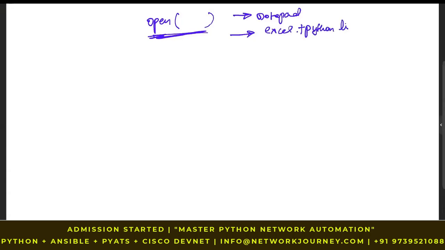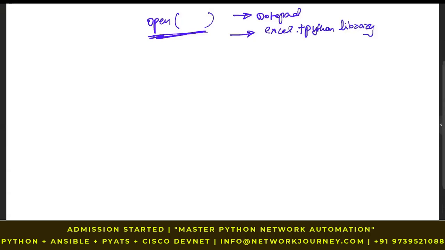on the inventory management. But whatsoever it is, the open function is something which we would be using to read it from a notepad. Let's say read it from a notepad. You can use open to read it from an Excel file, but it needs integration with another Python library as well.